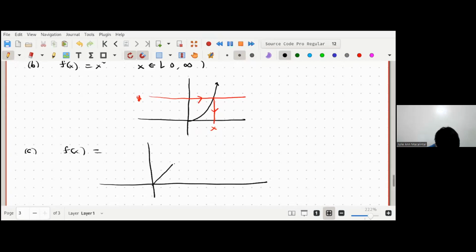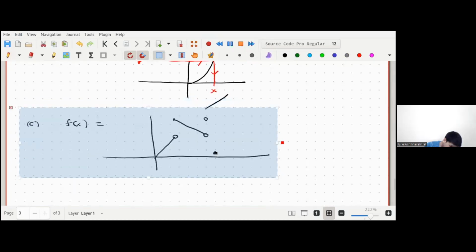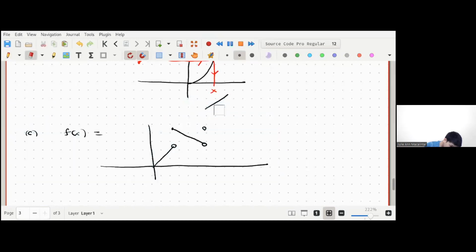Pag ganito, tapos pag ganyan, and then may butas dito, tapos pag ganon. Kaya, i-move nga natin itong graph. So, linear functions na medyo weird yung behavior kasi hindi siya purely increasing.